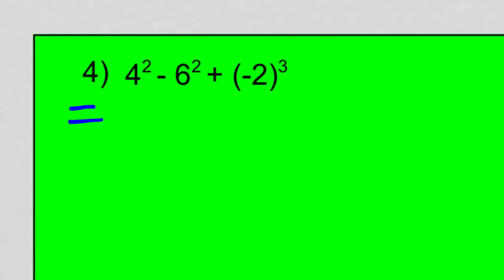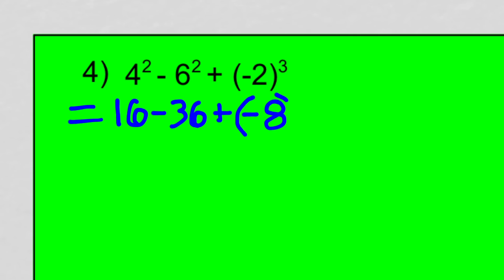Okay, 4 to the power of 2 is 4 times 4, which is 16. 6 to the power of 2 is 6 times 6, which is 36. And negative 2 times negative 2 times negative 2 works out to negative 8. I'll put parentheses around that to separate the plus and the minus.